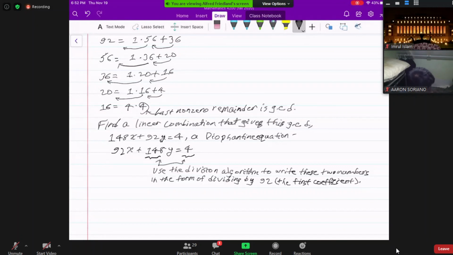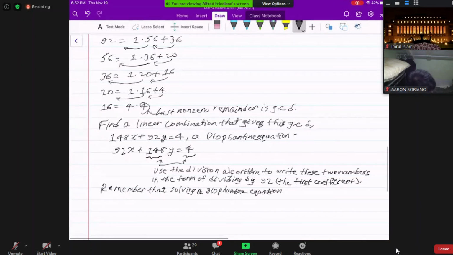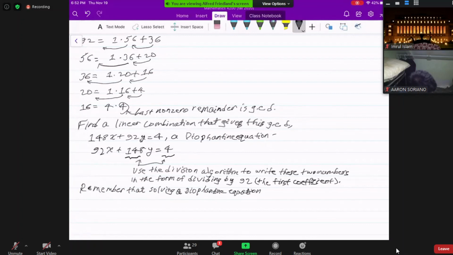Remember, we derived the solution of the Diophantine equation predicated on the fact that the coefficients, in this case 148 and 92, or in ax plus by equals n, the a and the b, have to be relatively prime.